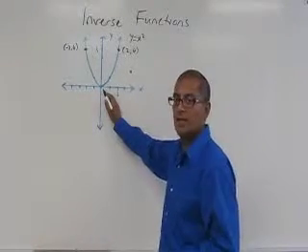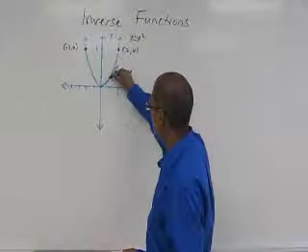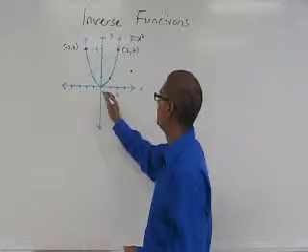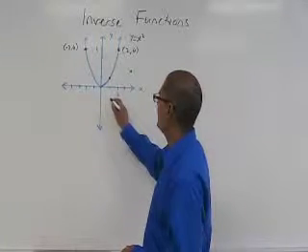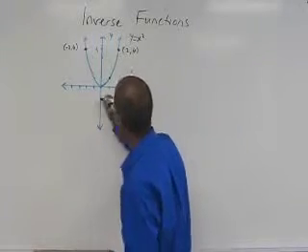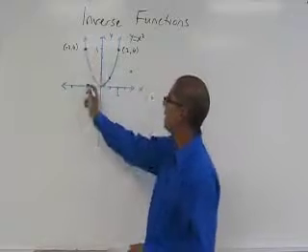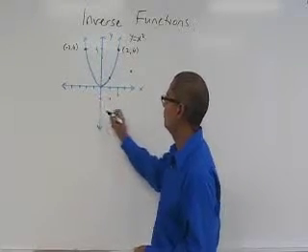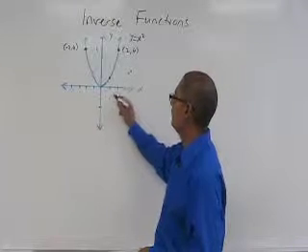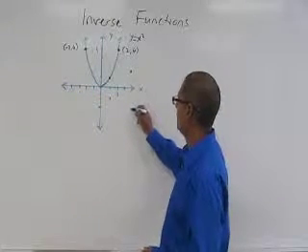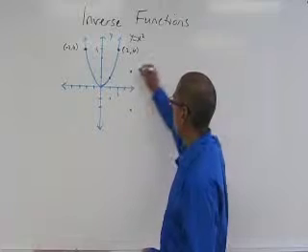0, 0, if I switch that, would be 0, 0. 1, 1 would be 1, 1. Negative 1, 1 would switch to 1, negative 1. And then negative 2, 4 would switch to 4, negative 2. So let's make a note of that.